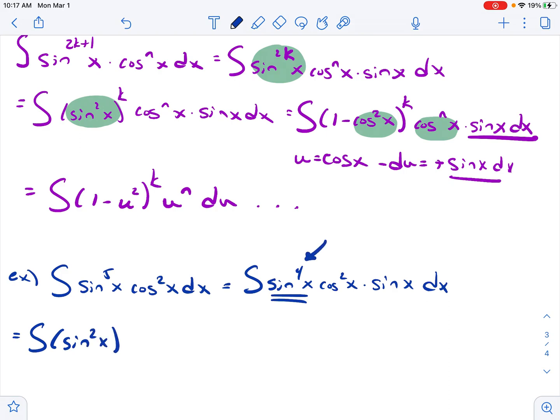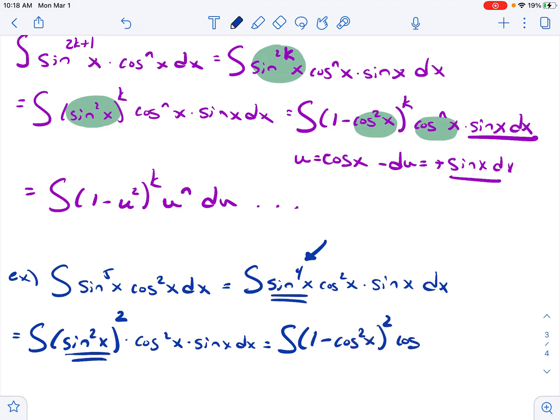Well, ultimately I want it to be the 4th power. 2 times 2 is 4, so I know that's going to be sine squared squared times cosine squared sine x dx. Now I take sine squared in the quantity, 1 minus cosine squared x, quantity squared, cosine squared sine x dx.